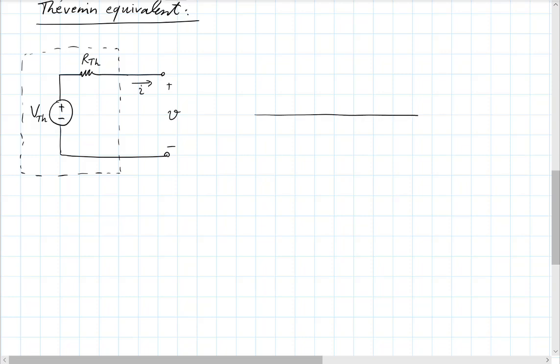And we saw that the current voltage characteristics looked like this. So you had the short circuit current here. And here you had the open circuit voltage. And this just happened to be V Thévenin, the voltage of that source.